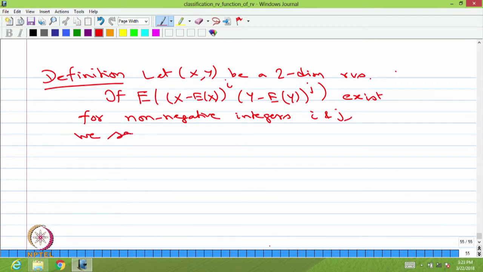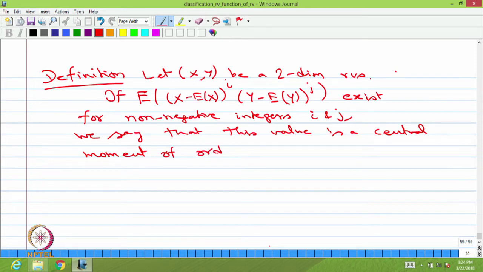we say that this value is a central moment of order i, j for the random variable (X, Y).